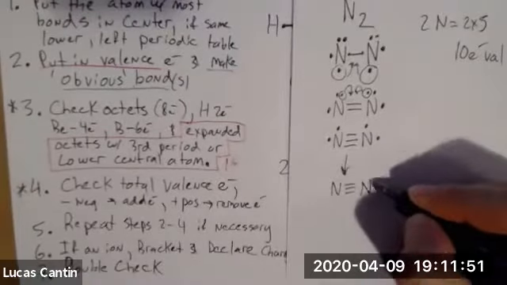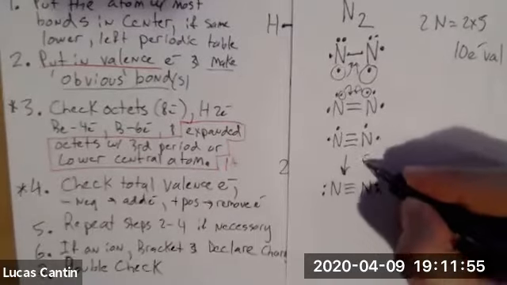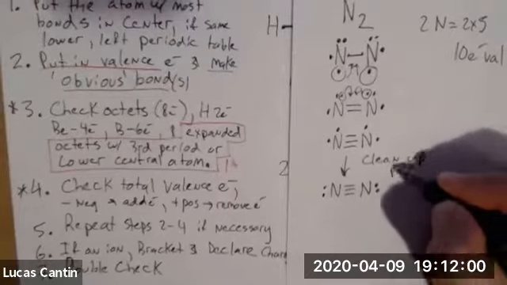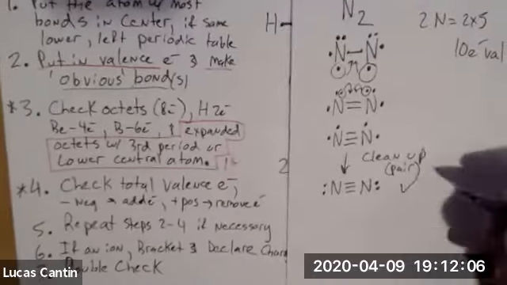Can't you make the electrons pair, 2 on the left side and 2 on the right? Yeah, I'm going to pair those electrons. That's a cleanup. Pair. Right? Does that make sense? Okay, and now I'm done. Check. Raise your flag, declare victory, go to the next one.